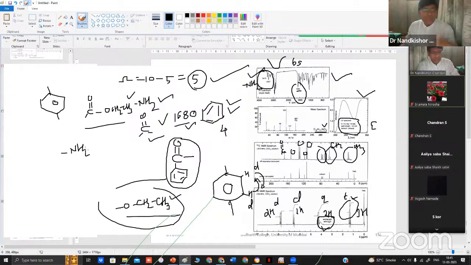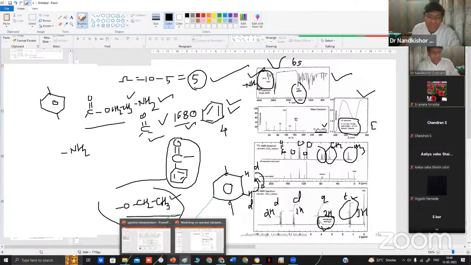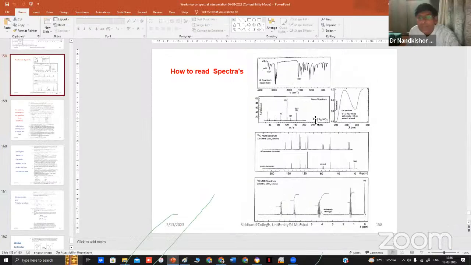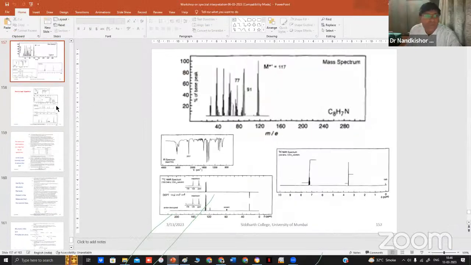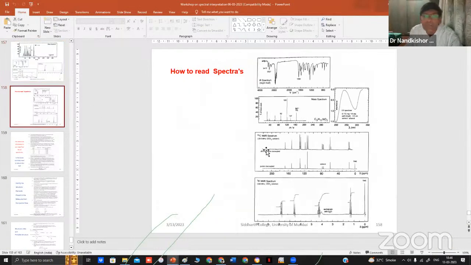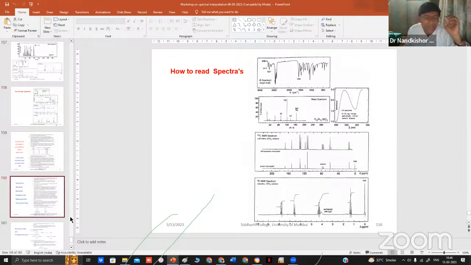So if you want to confirm all these things, what you need to do is look at the mass spectrum. Now the mass spectrum indicates M plus something like 165. Am I right? 165, if it is correct. Let me just check.